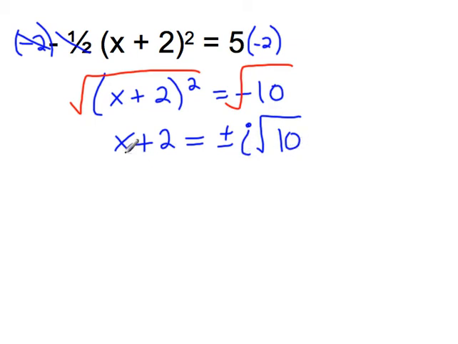But now I need to solve for x, so I have to subtract 2 from both sides. So I have x equals. Now, just like we did with the equations without the complex number with the i, I always put this -2 first, then the plus or minus i square root 10.